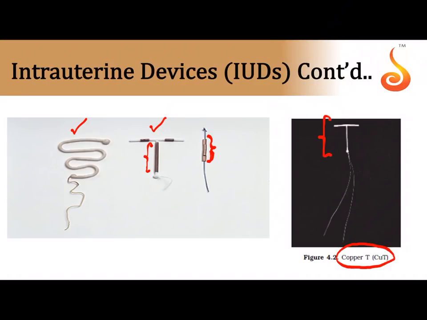See, a T-shaped structure with a wound copper wire, and these are the threads which are suspended from the cervical region, so that when the woman desires to conceive, it can be removed, pulled out using this thread. Okay, so this is what an intrauterine device looks like.